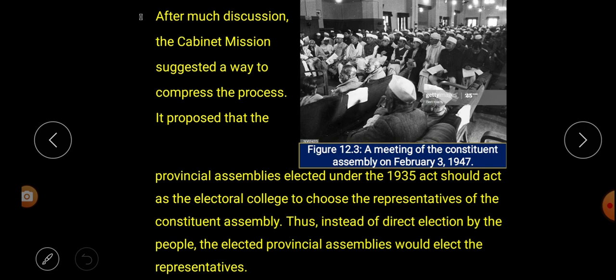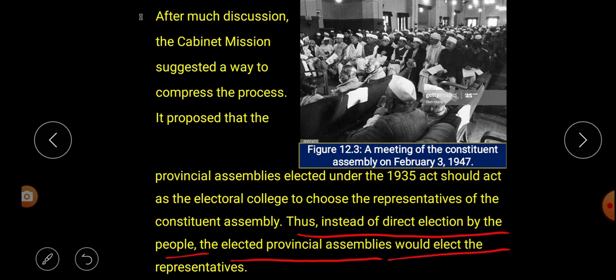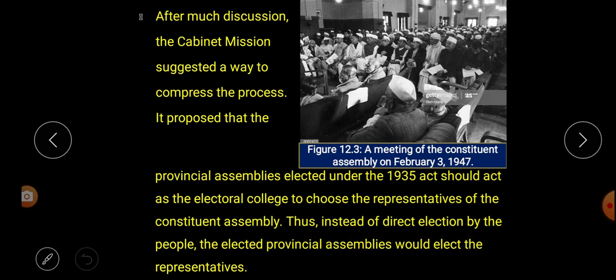Next sentence, thus, instead of direct election by the people, the elected provincial assemblies would elect the representatives. It was supposed to be a direct election by the people, but now the elected provincial assemblies would elect the representatives.